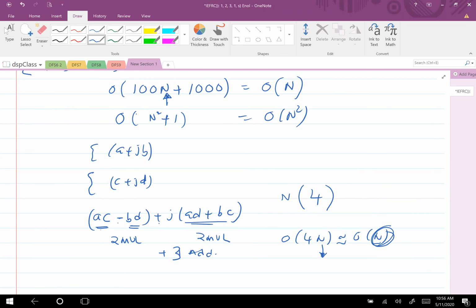Unless you use those FFT algorithms, where you modify the implementation so that you make use of various properties of the DFT, and you split it into even and odd numbers, or you split the sequence into 2 parts and then individually find the DFT.